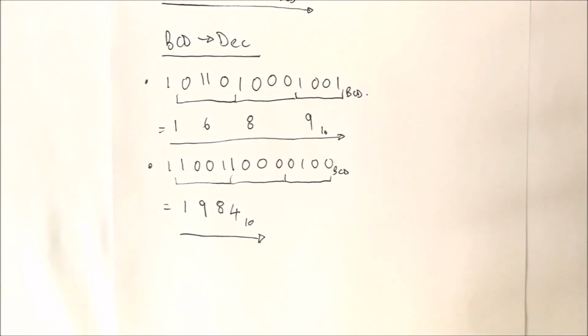Okay, so up to this point, we've looked at converting between binary, the octal number system, and the hexadecimal number system, and then also binary coded decimal numbers. So we're basically able to convert between all the different number systems. We have not looked at decimal fractional numbers in hexadecimal, octal, or BCD.